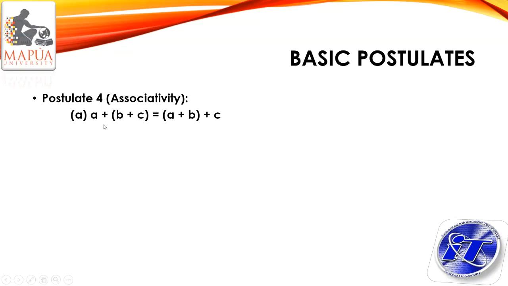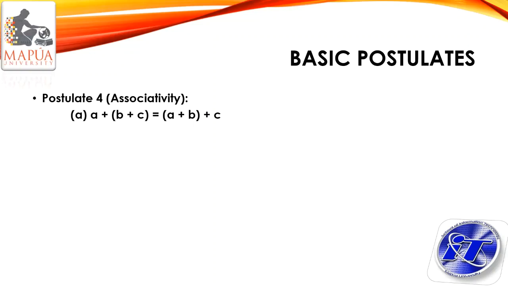Since A is associated to this term through OR, and B is associated to C, we could change the association of B from C to A. They have the same meaning. Same with this, we could associate C with A, since the operators are the same OR.